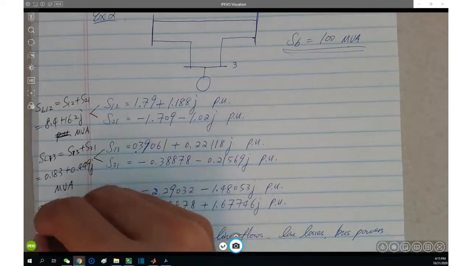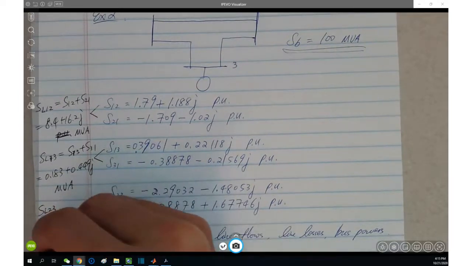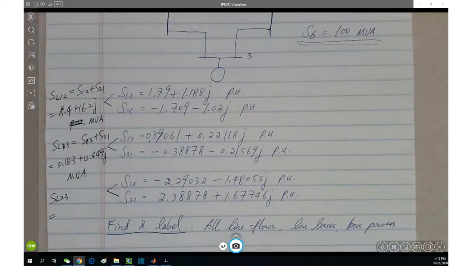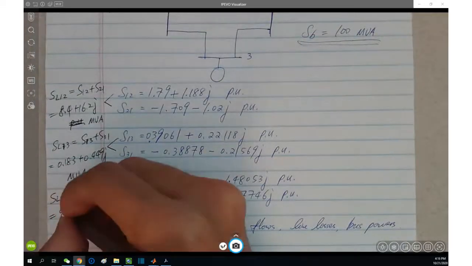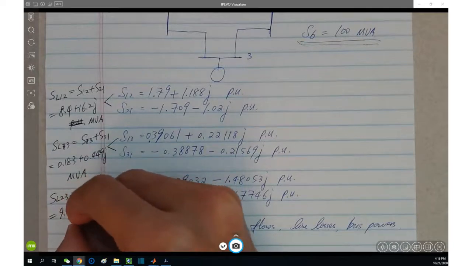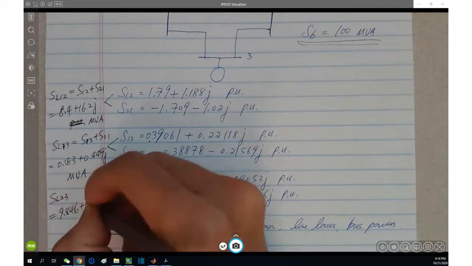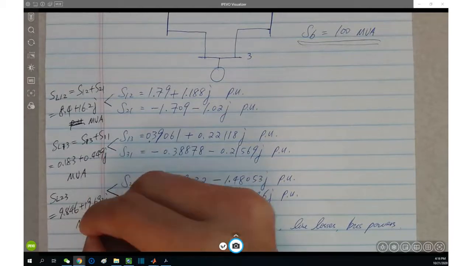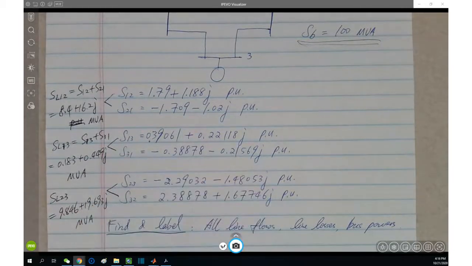Similarly, we have the line loss between bus 2 and 3. Once again, it's in mega VA. I have already multiplied by the base power value. This is the line loss.